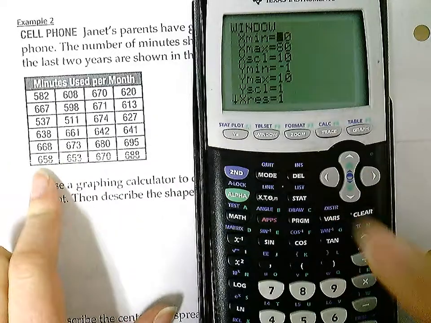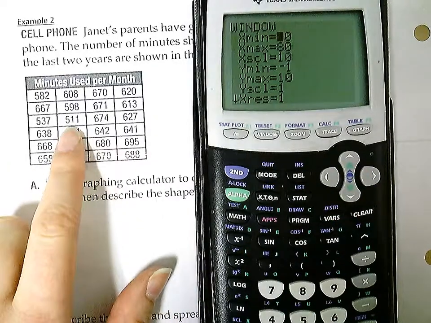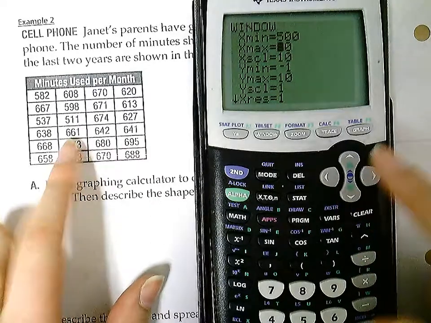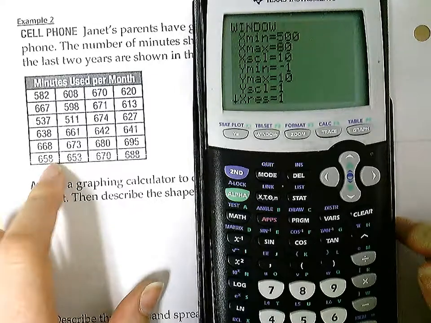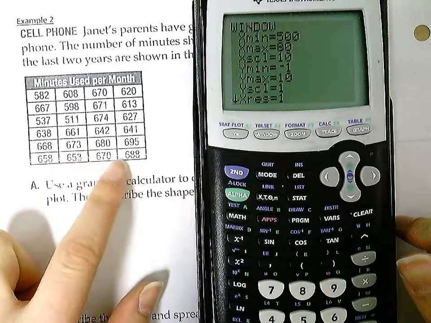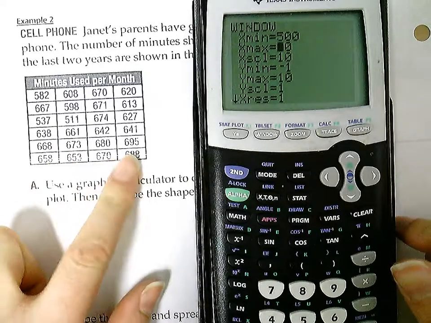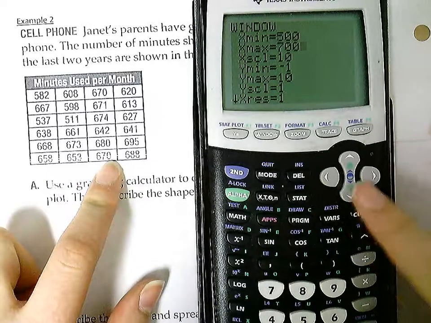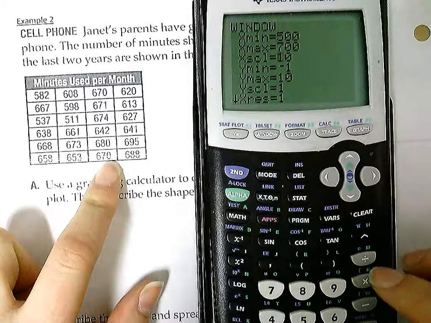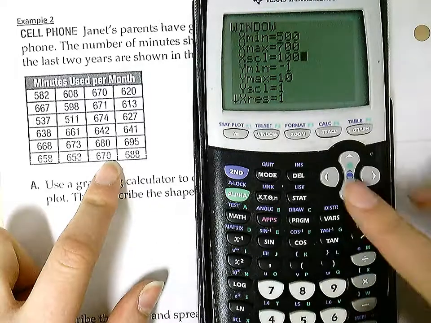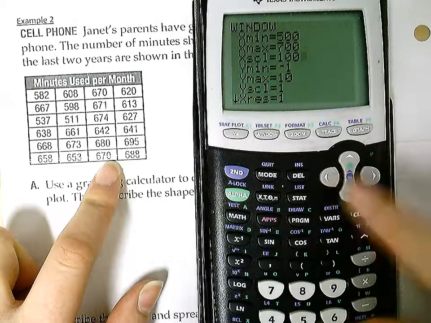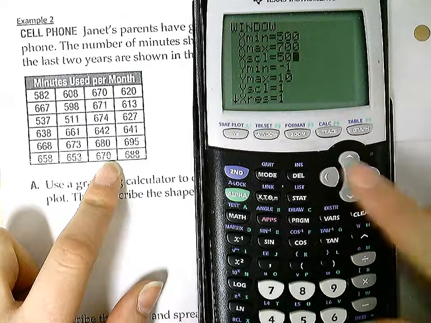My lowest value is 511, so I'm going to say my X-min is 500. Then 700, my highest is 6-something, 695, so I'll go to 700. I'm going to put my scale at 100 instead of 10. Actually, I'm going to do 50.